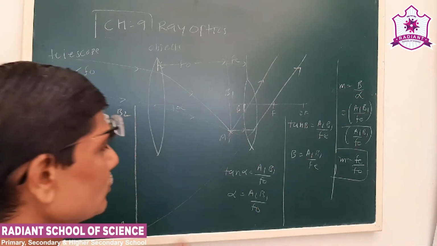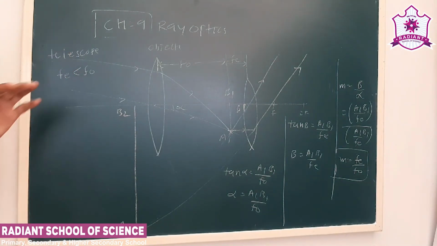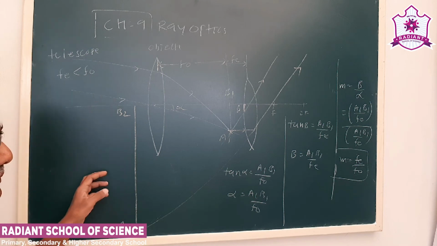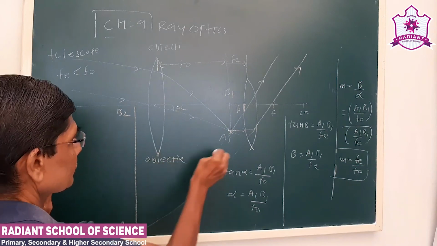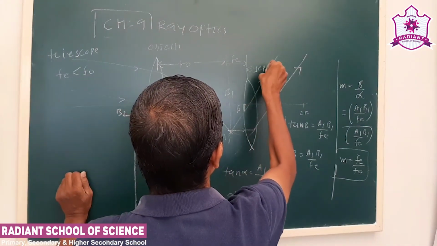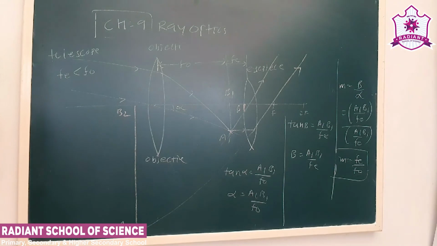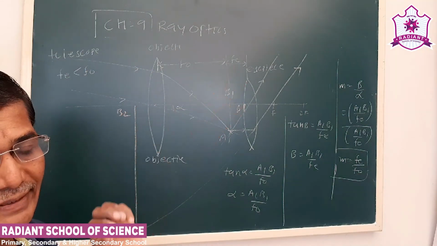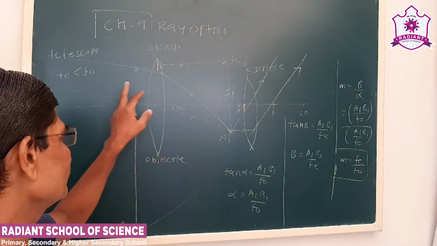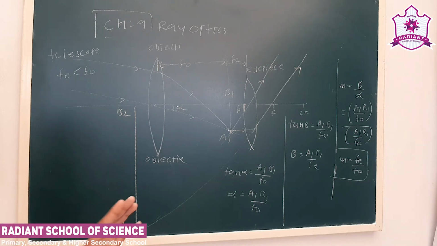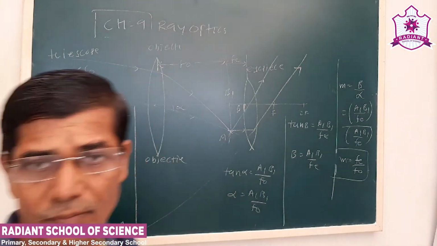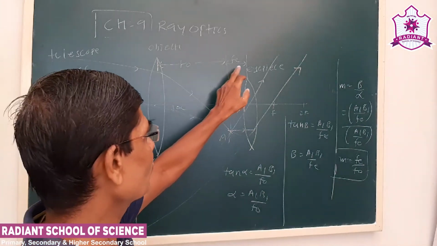Now this is the formula for the magnification of a telescope. Again, the refracting telescope uses two lenses, one is the objective and second is the eyepiece. Here the paraxial rays meet at F on the other side of the convex lens, so A1 B1 is the image formed by the objective. The eyepiece is placed in such a way that the image formed by the first lens lies within the focal length.